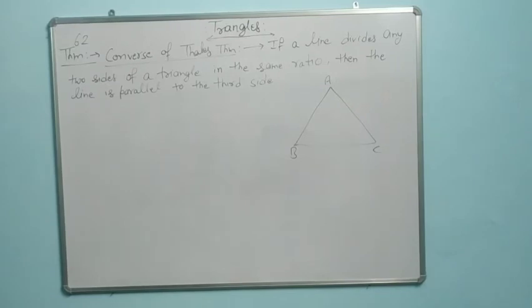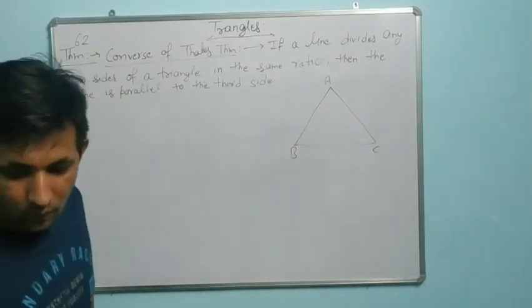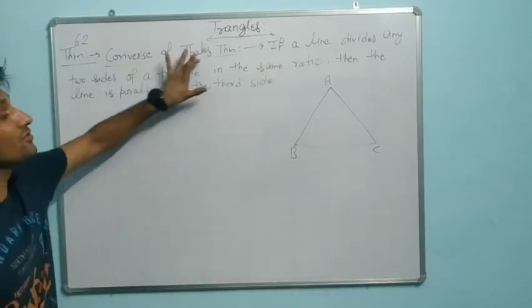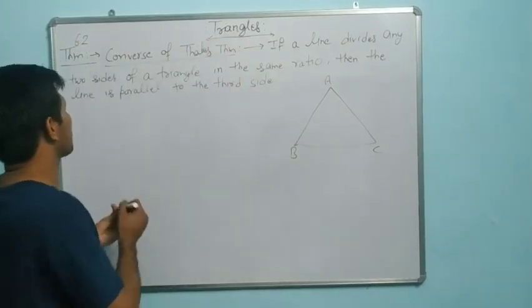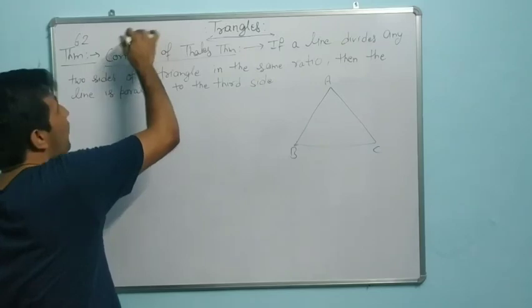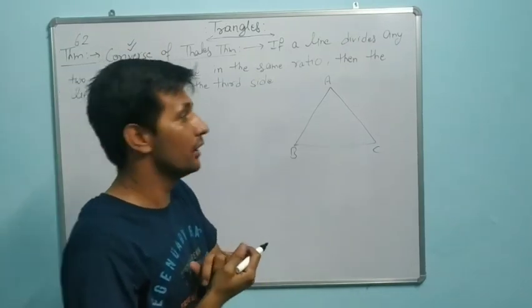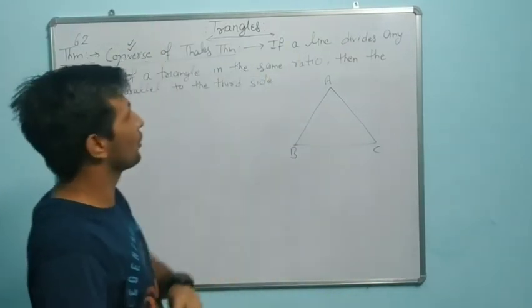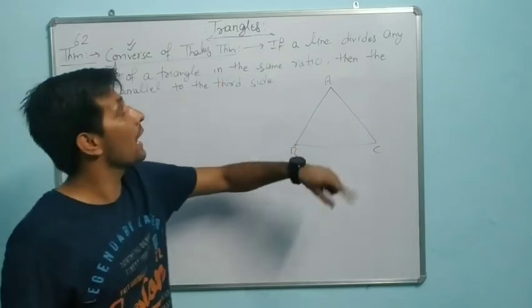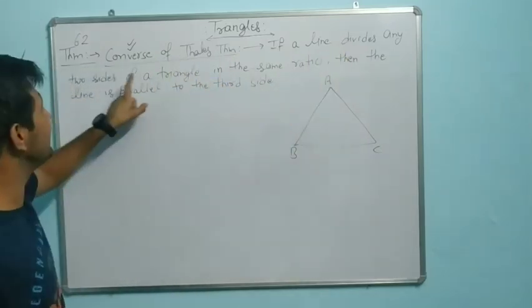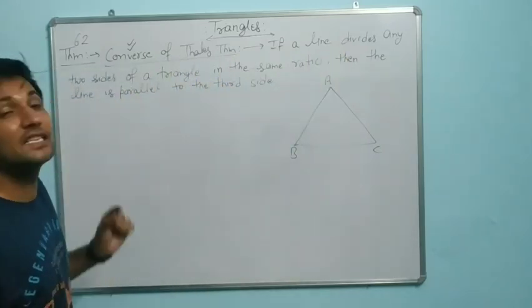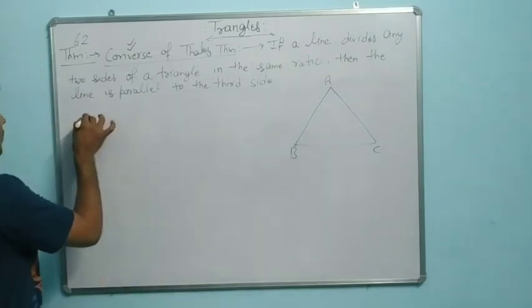Now dear, the next theorem is 6.2, page number 126. Converse of Thales theorem. What is the meaning of converse? Converse means the opposite of Thales theorem. If a line divides any two sides of a triangle in the same ratio, what can we say?